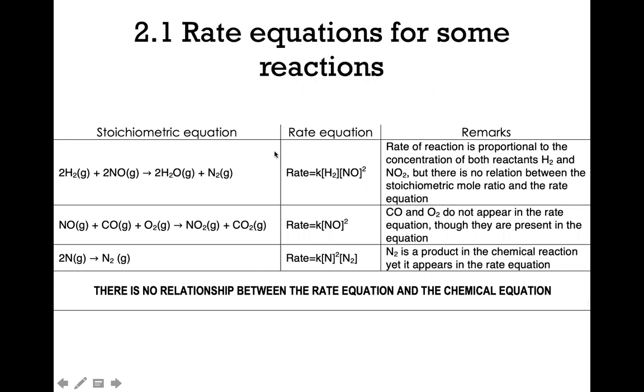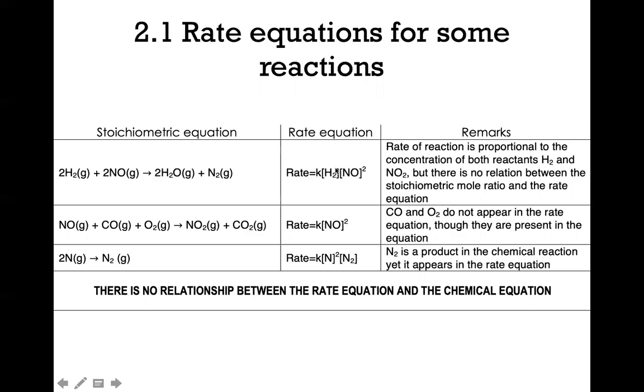If we look at the first reaction, we have hydrogen reacting with nitrogen monoxide to form steam and nitrogen gas. The rate expression is equal to k, which you will always have because that's your rate constant, times the concentration of hydrogen to the power of 1.